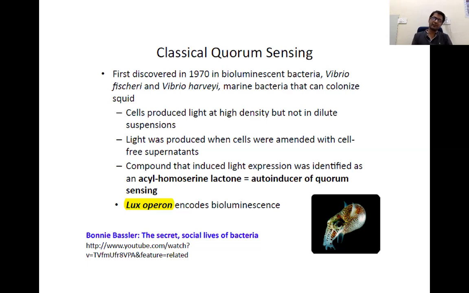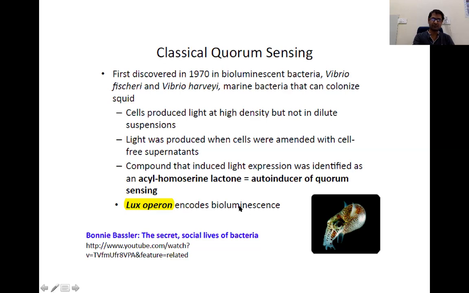So it is growing in the gut, this Vibrio fischeri organism, and when the cell density of Vibrio fischeri is more than a certain level, they produce an autoinducer. This autoinducer will activate the gene expression of the lux operon.